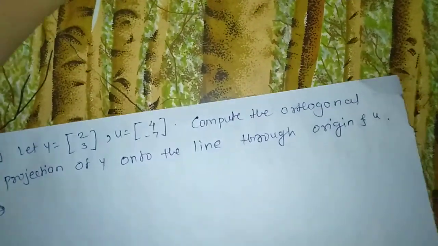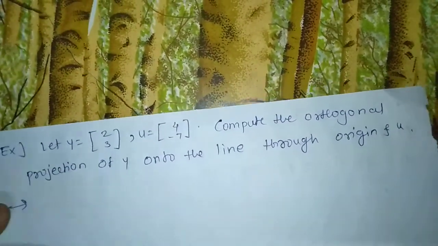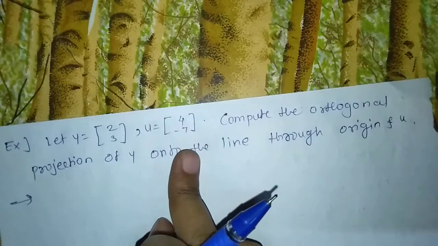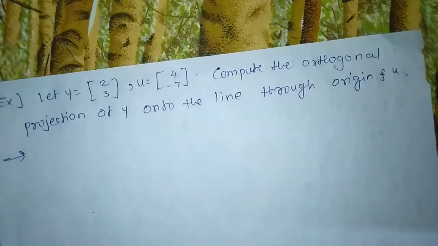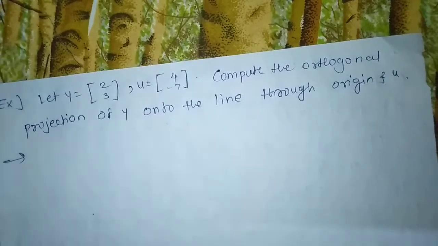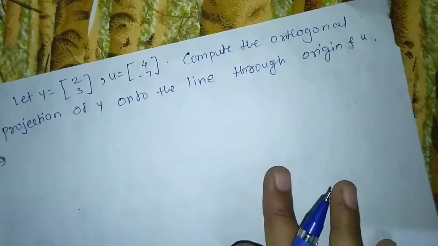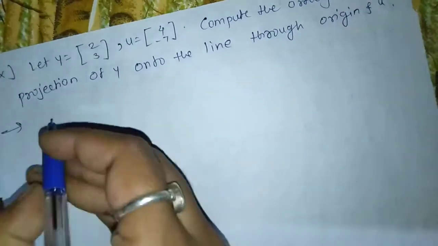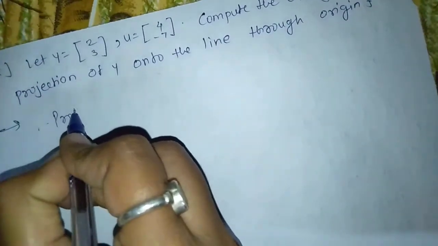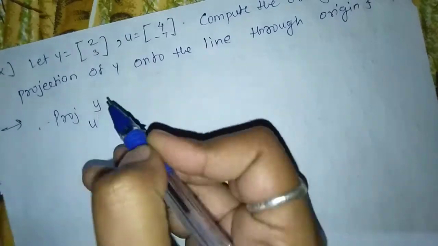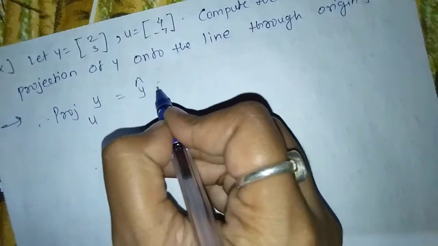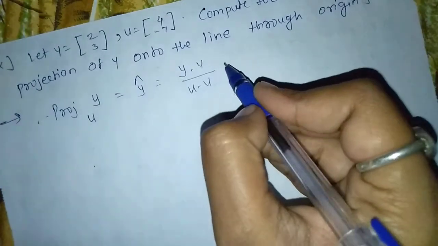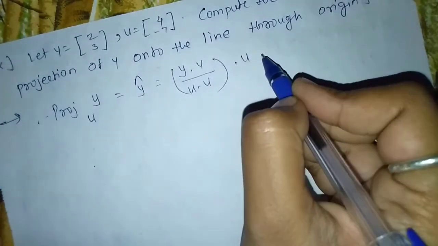Next, an example on orthogonal projection. Let y is equal to (2, 3), u is equal to (4, minus 7). Compute the orthogonal projection of y onto the line through the origin and u. So first, the projection of y onto u is y cap, which is equal to y dot u upon u dot u into u.